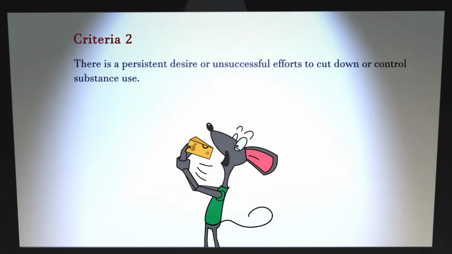Criteria 2. There is a persistent desire or unsuccessful efforts to cut down or control substance use. Your patient resists your efforts to cut down the dosage of whatever it is he or she is taking, or to come off the controlled substance onto, say, ibuprofen or some other non-controlled analgesic.